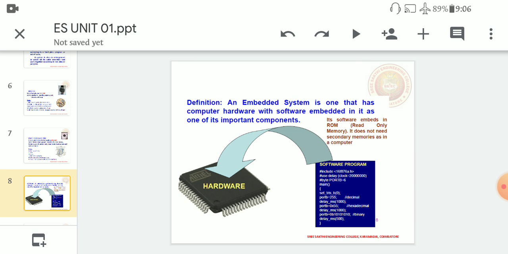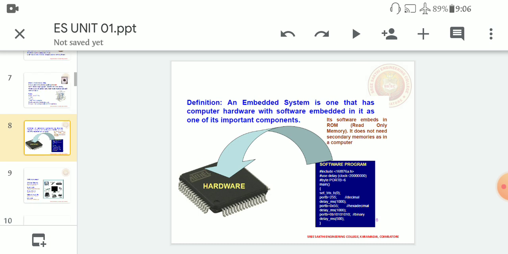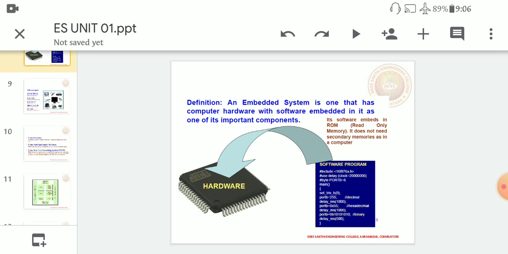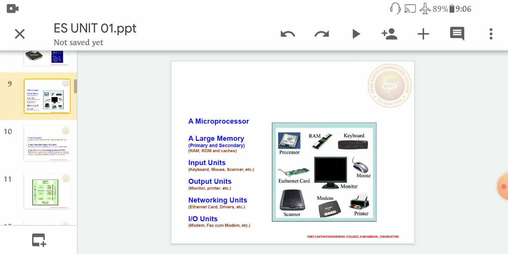We need a manipulation to join this hardware and software together depending on the work of the application. Here we have a certain number of components based on microprocessors: a larger memory, input units, output units, networking units, and input output units.